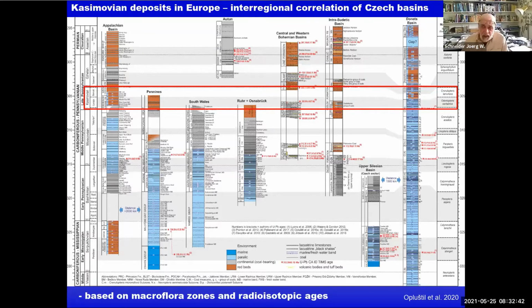These fining-up cycles may be caused mainly tectonically. In Europe it is hard to see any extrinsic cyclicity. It is mainly tectonically governed.